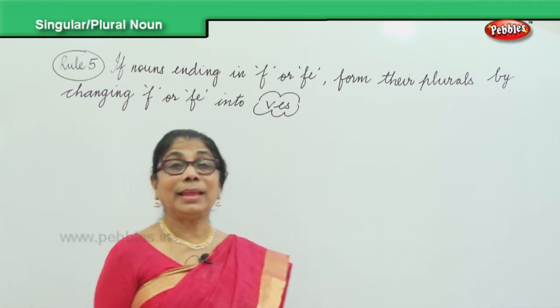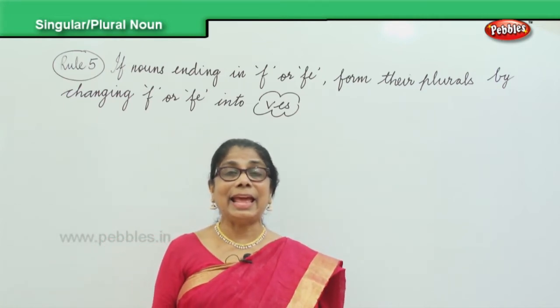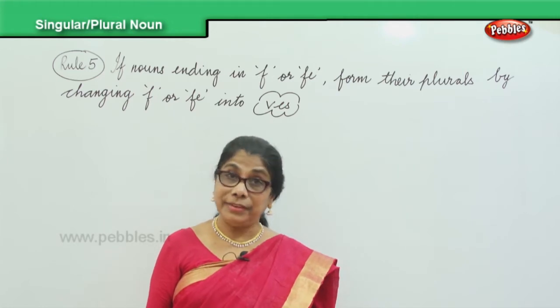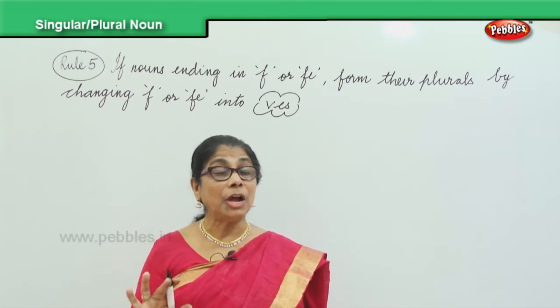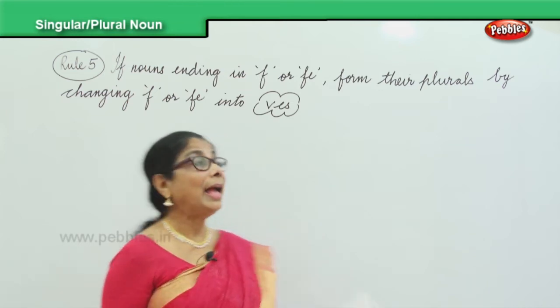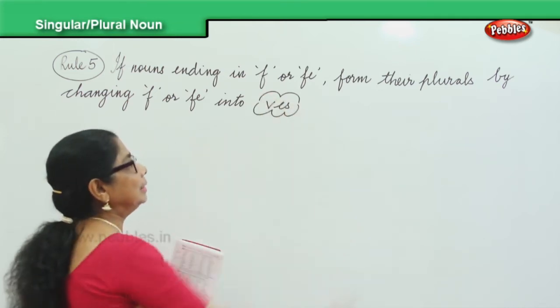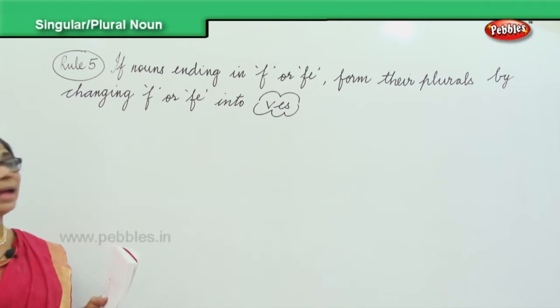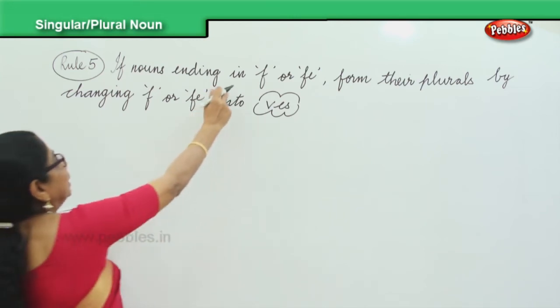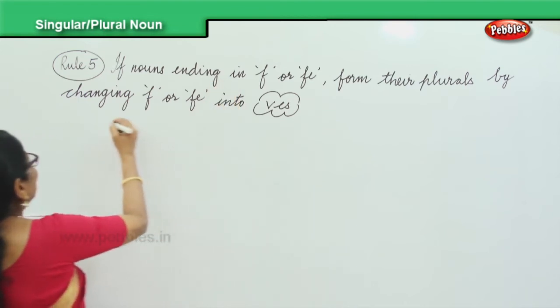So, the nouns ending in F or FE form the plural by changing the F or FE and you add VES. You take away F or FE and you put in VES.